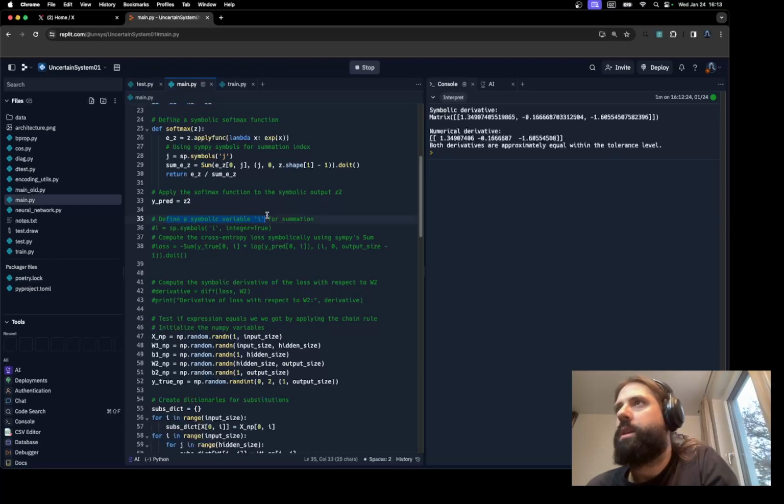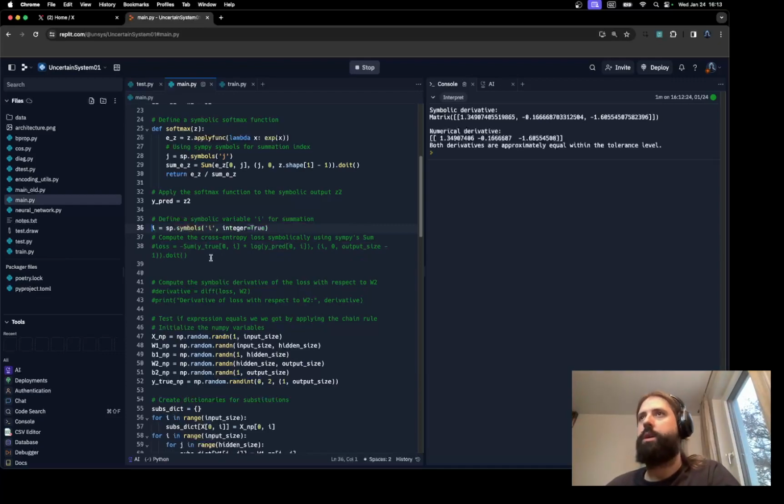The problem is with the loss function here, because the loss function is using y pred. So now we've got loss.